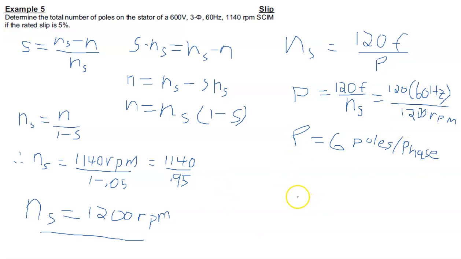So P is 6 poles per phase. So remember that there are 3 phases.